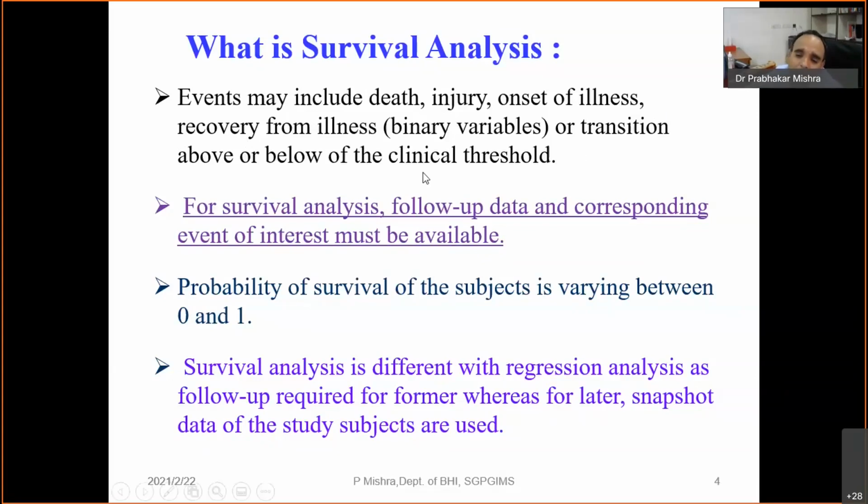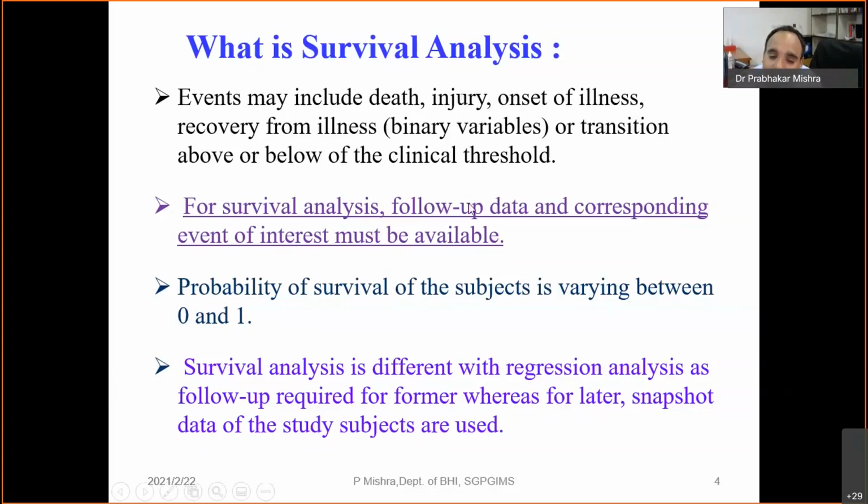Transition above or below a clinical threshold: like presently the patient's hemoglobin is less than the normal range, and we start the treatment, and after how many weeks or days or months we expect that the patient will achieve the normal range. So this type of thing we cover under survival analysis.